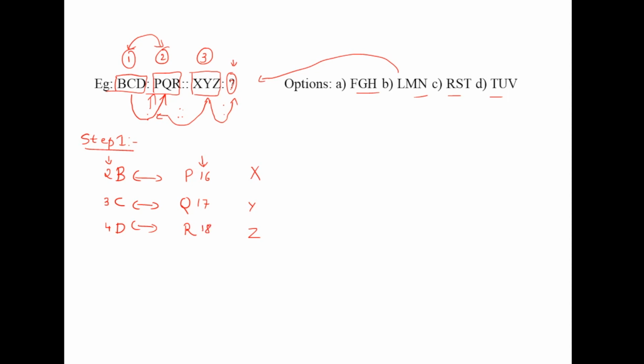Now you have to see the relationship between B and P, C and Q, D and R. It's an addition: 2 plus 14 gives 16, 3 plus 14 gives 17, 4 plus 14 gives 18. So the logic here is plus 14.